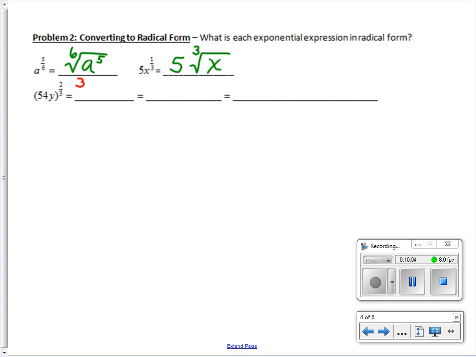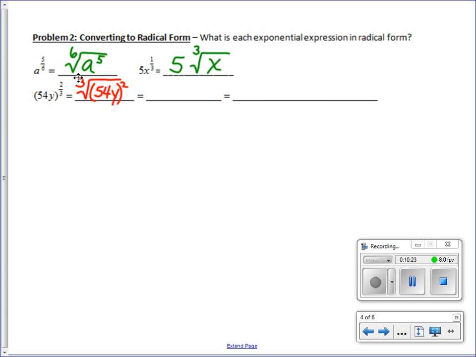Once again, the denominator is the index of our radical. We have 54y, and I have to show the 54 in parentheses because it is entirely taken to the second power, which is the numerator of our exponent.